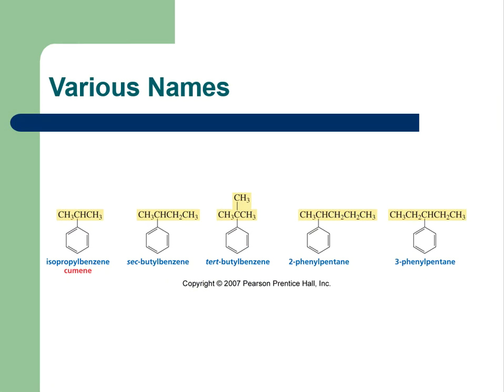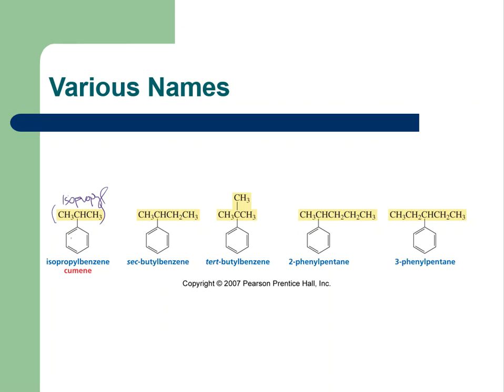All right, so here's a couple more examples. Here is a benzene ring with a 3-carbon chain up here at the very top. So this 3-carbon chain would normally be called propyl. However, this is in the middle, and that's a special term. So there's an isopropyl benzene. All right, then we move to 4 carbons up here at the top.